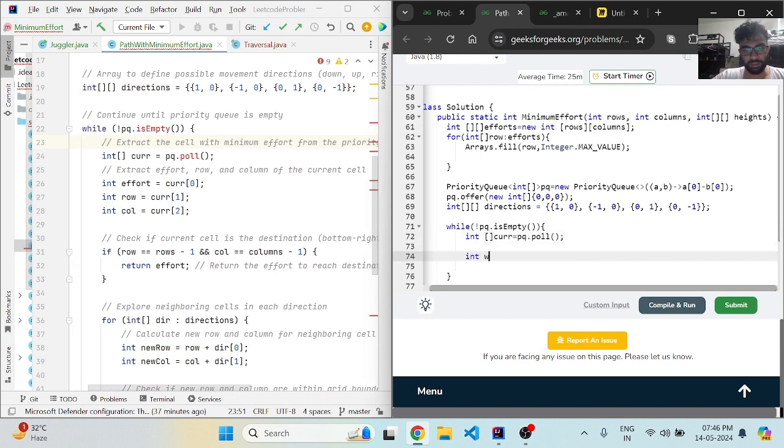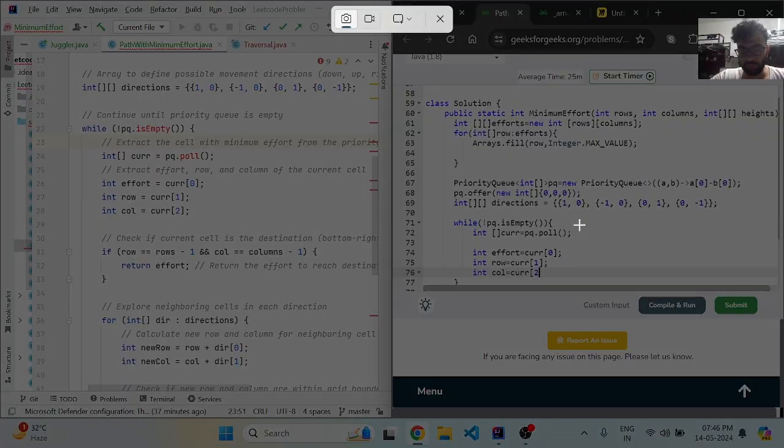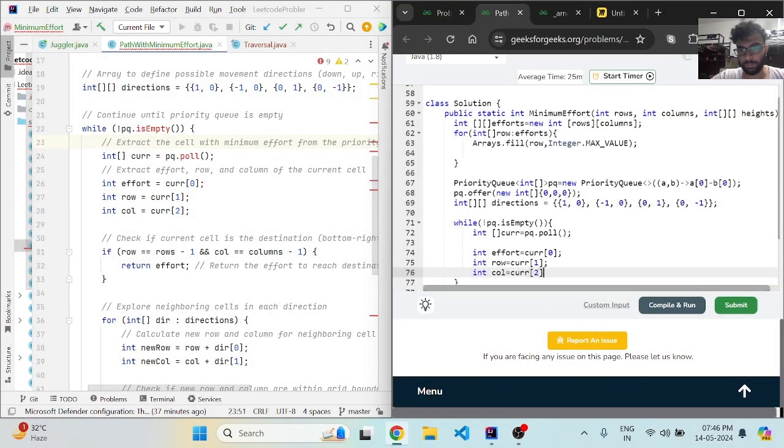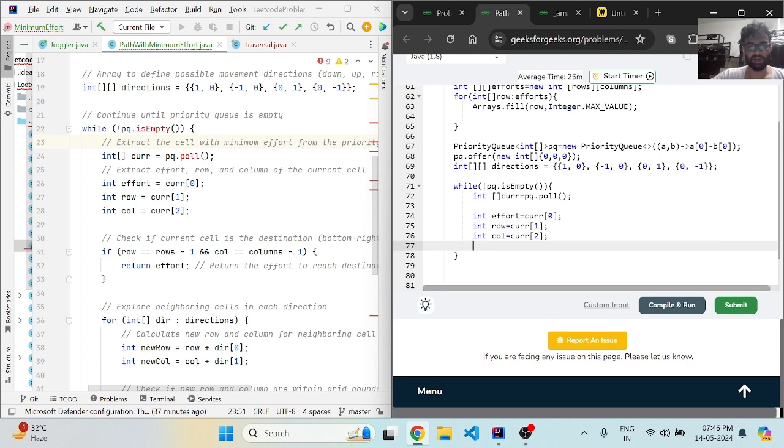So int effort equals current[0], int row equals current[1], and int column equals current[2]. So I've taken the row and column and extracted them.